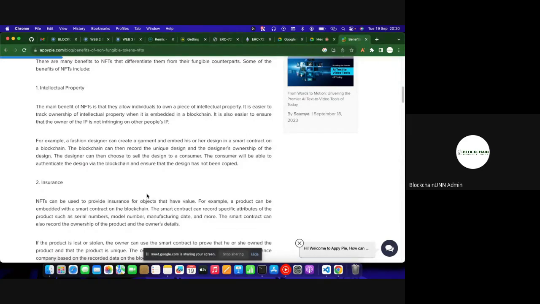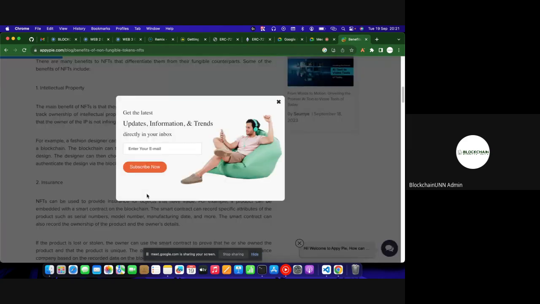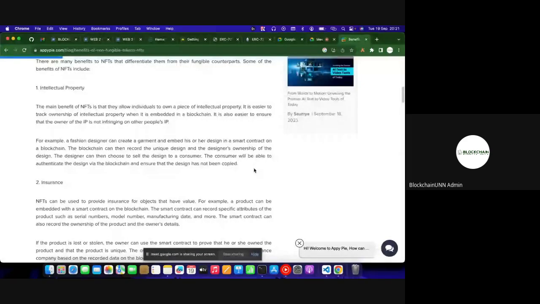For example, a fashion designer can decide to create a garment and embed his or her design in a smart contract on the blockchain. The blockchain can then record the unique design and the designer's ownership of the design. The designer can then choose to sell the design to a consumer who will be able to authenticate that the design was done by that particular owner and was not just copied.